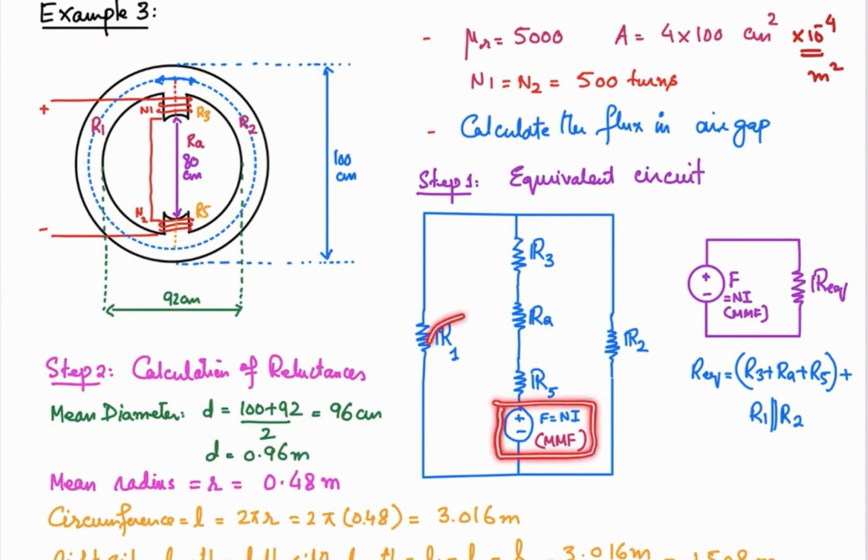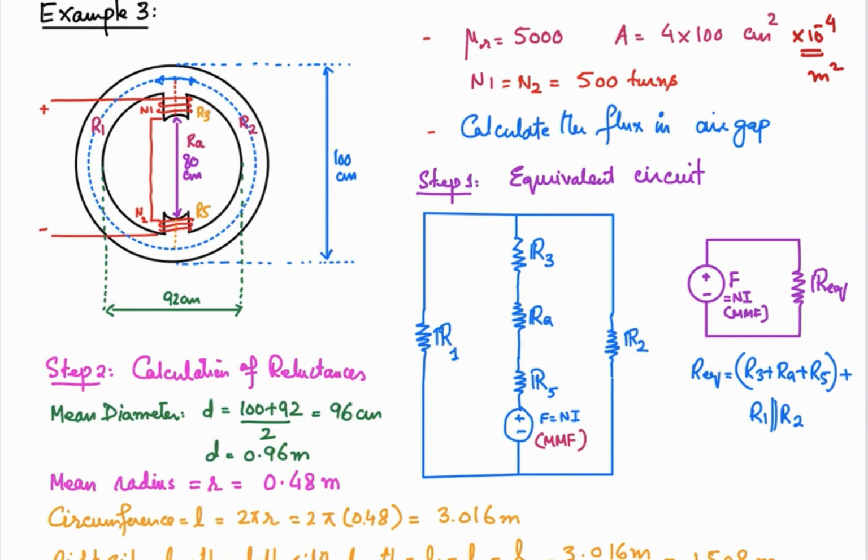That will be the parallel combination of this one and this one, right? R1 and R2 are in parallel, and then they are in series with R3, RA and R5. So R3, RA and R5 are in series, and then the parallel combination of R1 and R2 is in series with that. So the total reluctance seen by this source will be given by this expression.